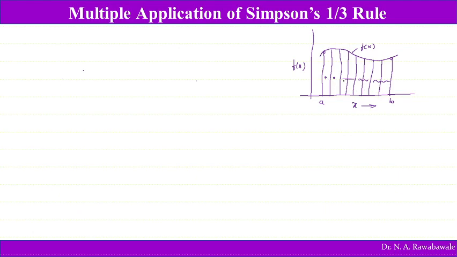By doing so, we find the area below the complete function f of x. Now let us consider step size h is equal to b minus a, the total range, divided by n, the number of segments.